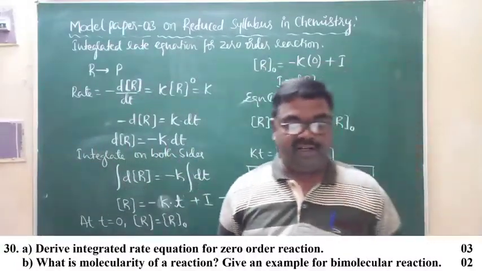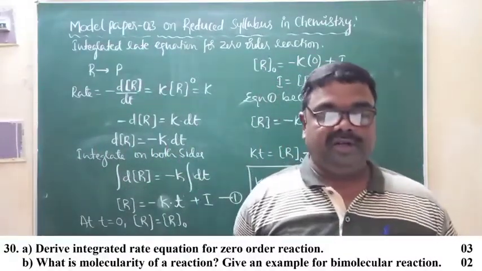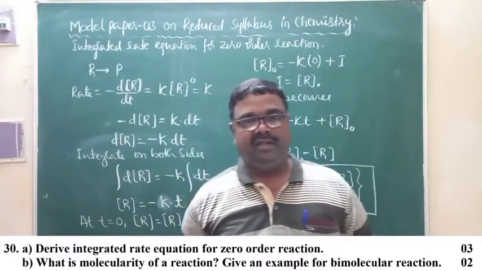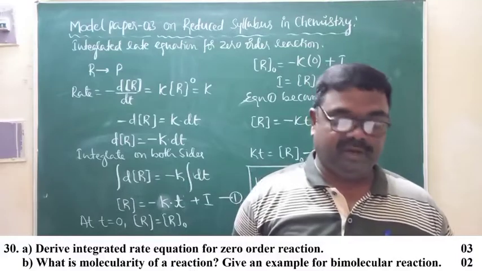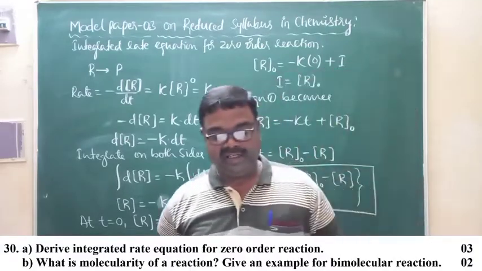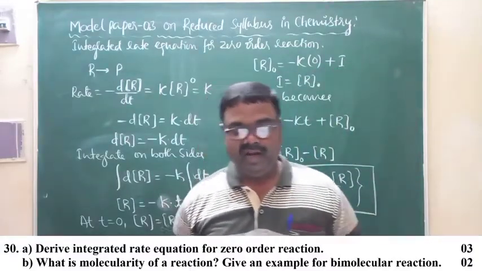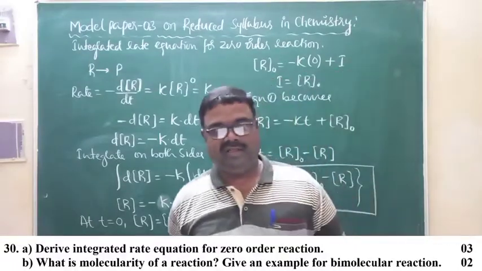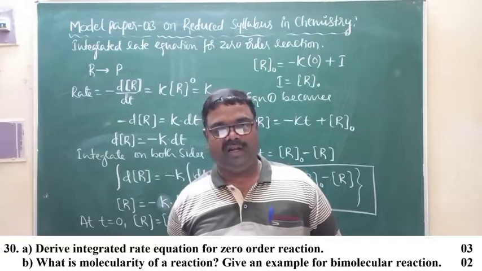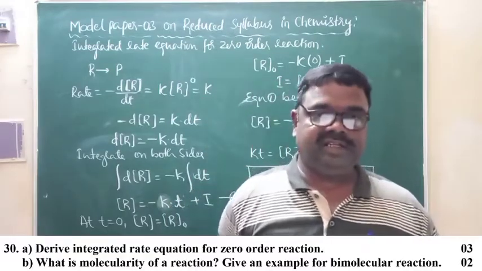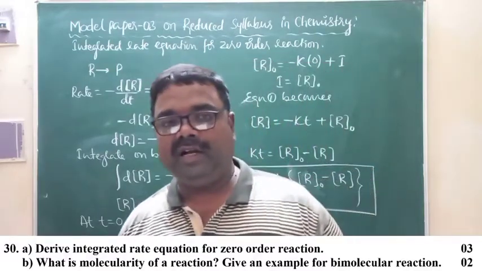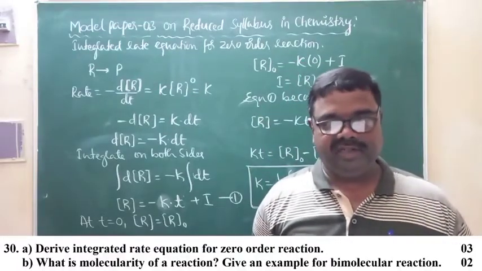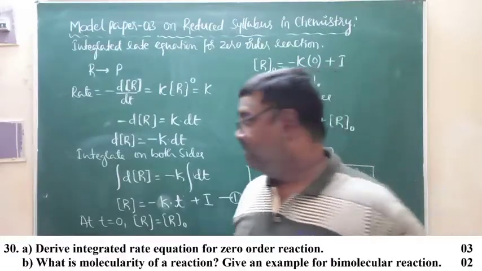Second question, what is molecularity of a reaction? Give an example for the bimolecular reaction. Molecularity refers to the number of reacting species taking part in an elementary reaction which collide simultaneously to form products. That is called molecularity.